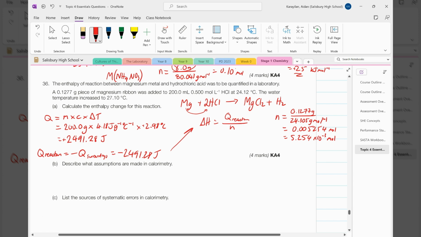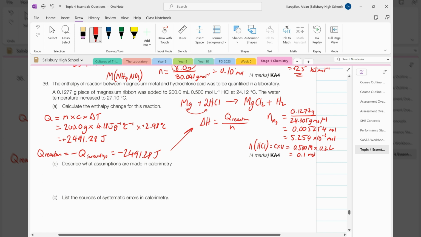So the number of moles of our magnesium, I'm going to make this really clear, is that number there. Now, the number of moles of HCl is n equals C times V. The concentration is 0.500 molar times our volume, which is 0.2 liters, and that is equal to 0.1 moles.